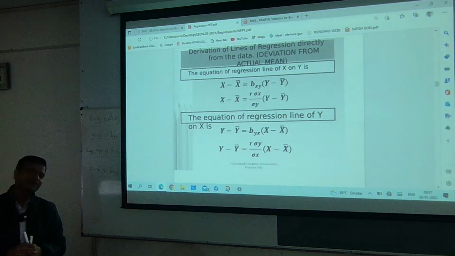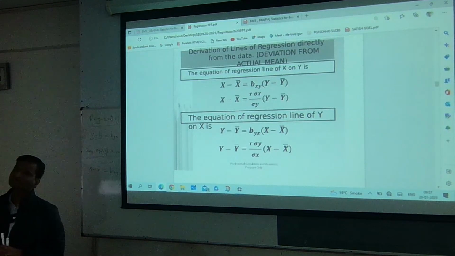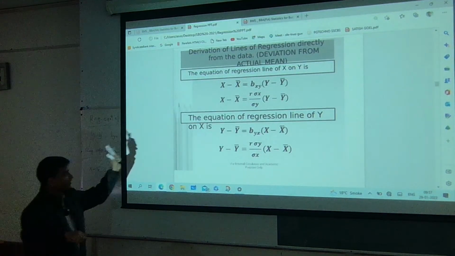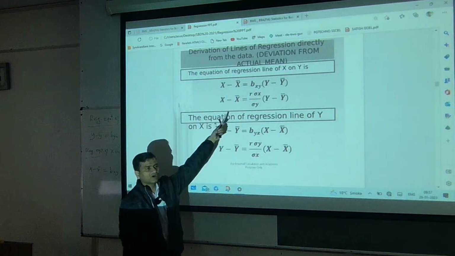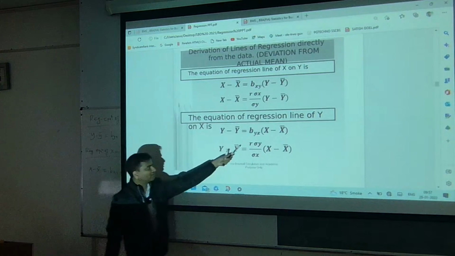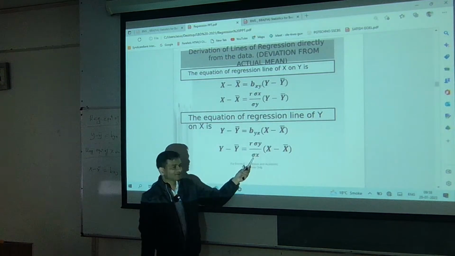Sorry, r is the correlation coefficient and b is the regression coefficient. And there are two regression coefficients. One is bxy and the other is byx. Their formulas are: bxy equal to r into sigma x upon sigma y, and byx would be equal to r sigma y upon sigma x.